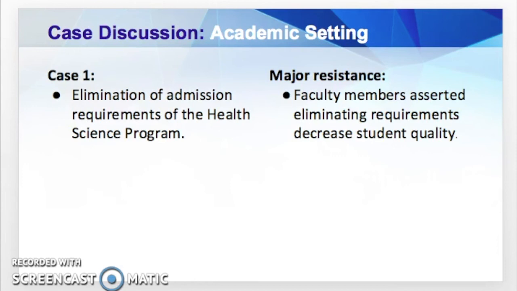Let's see a case discussion in the academic setting. Case 1. Elimination of admission requirements of the health science program. The major resistance that the administrative employees find is that faculty members asserted eliminating requirements will decrease student quality.